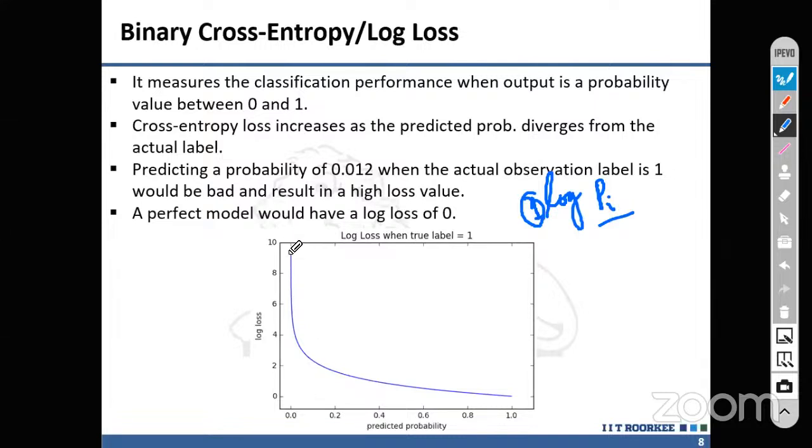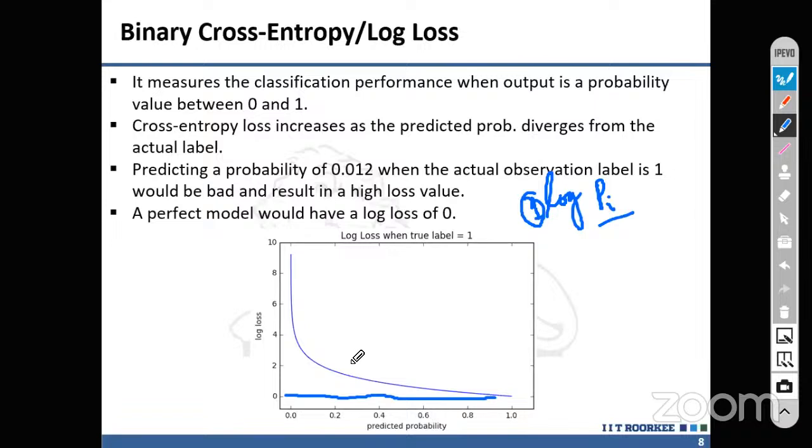Log 0 is infinity, and log 1 is 0. So log pi, if you predict pi as 1, that means the loss is 0. If you predict 0, then log 0 will be infinity. So these are the log functions we are using.